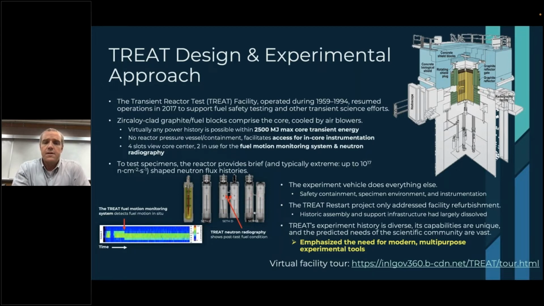When TREAT was restarted, it was really a project to address the facility refurbishment. The historic supporting infrastructure to do experiments was largely not available, so we've been working on regenerating and developing new capabilities over the last several years to make that happen. So TREAT's experiment history is quite diverse.